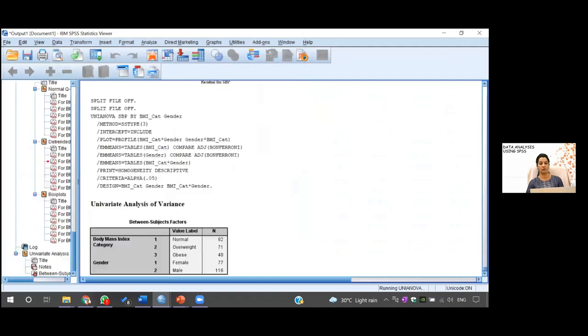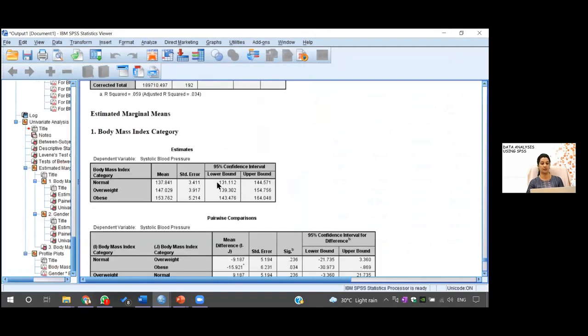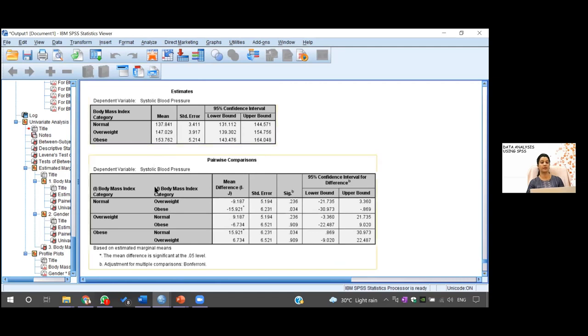So if I press OK, you will have this. It is the estimated marginal mean of BMI category. The means are 137, 147 and 153. You report this with its confidence interval and you report this pairwise comparison.